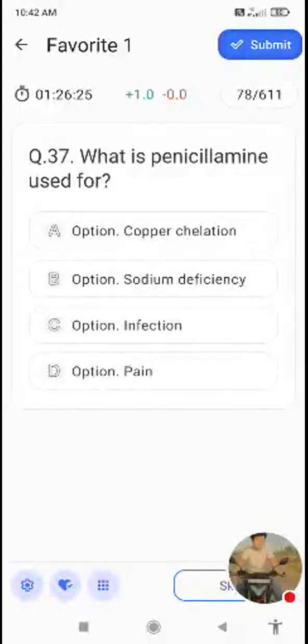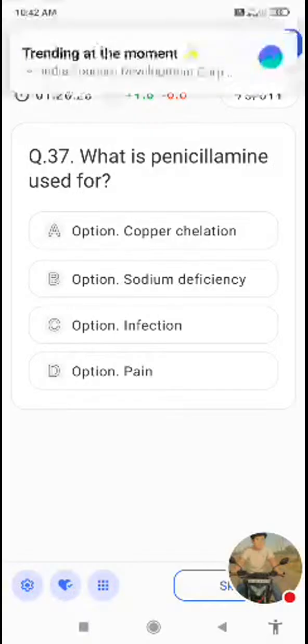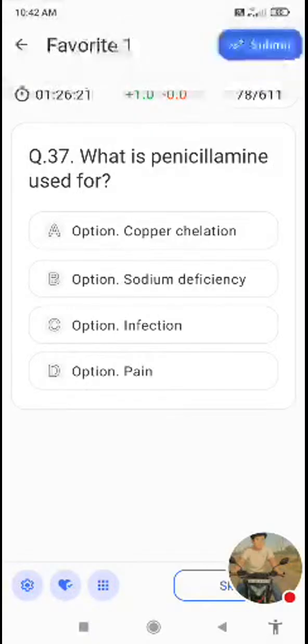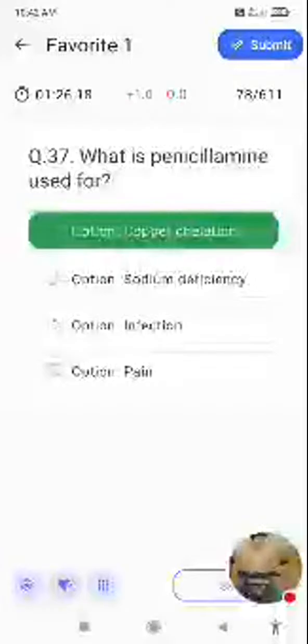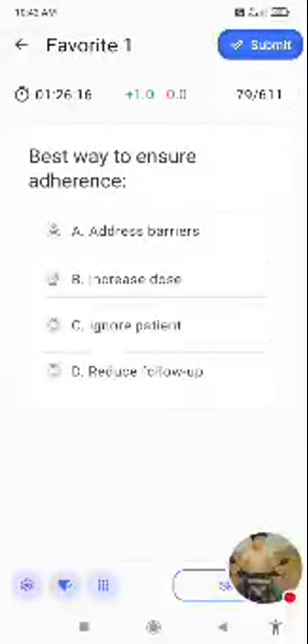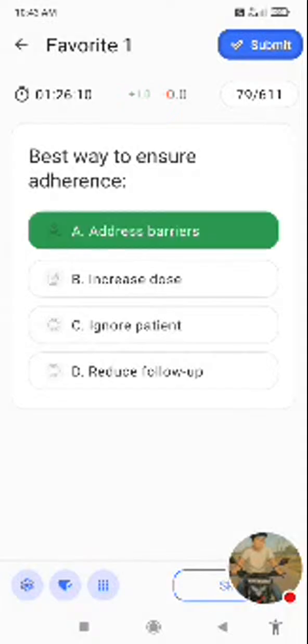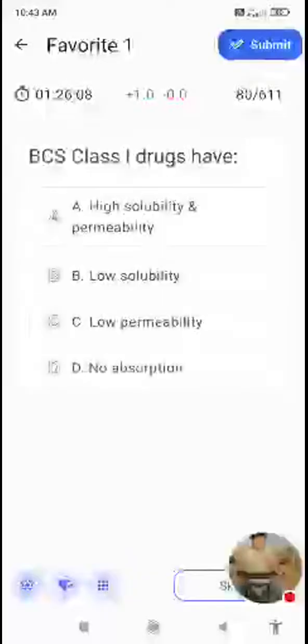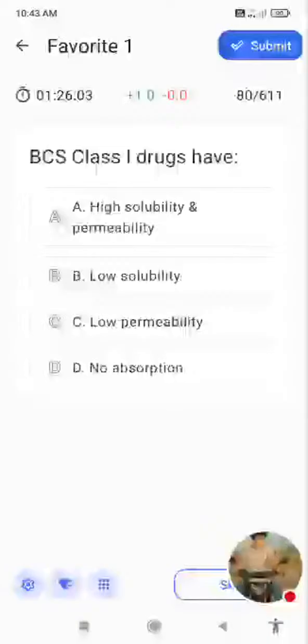What is penicillamine used for? Copper chelating. Best way to ensure adherence, option A, address barrier. BCS class 1: high permeability.